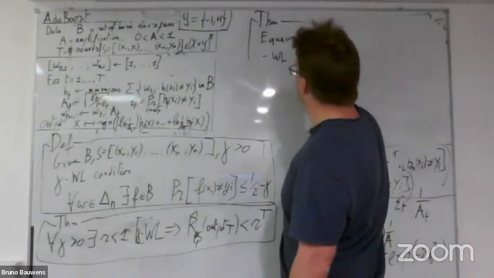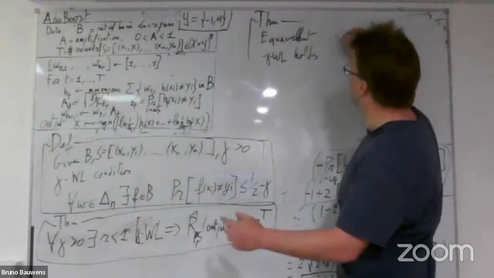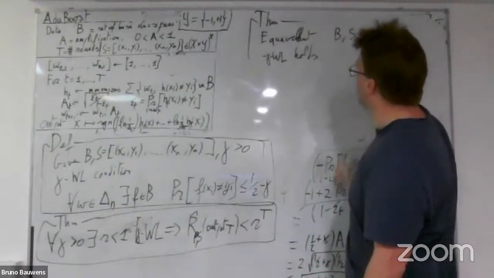So the gamma weak learning hypothesis is false. So this is equivalent for the triple B, S, and gamma.